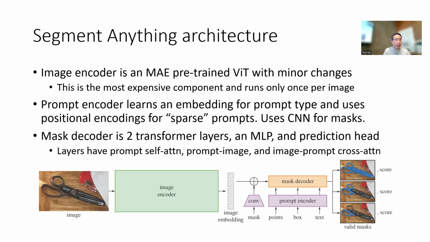So basically, they learn an embedding for each prompt type. So there's just a code for point, there's a code for rectangle, there's a code for text in the original model. They did also do something with masks where they have a CNN that just sort of spatially shows where it is. And then you also have to have positional embeddings.